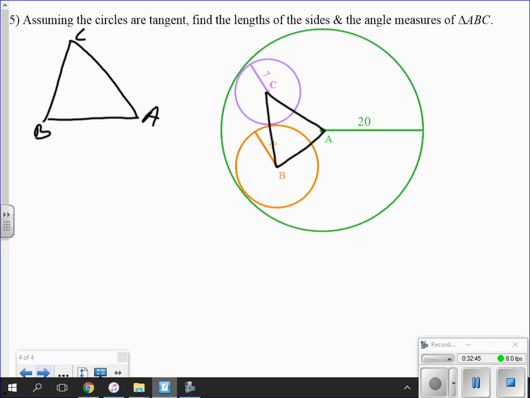Well, side lengths are actually not that hard to do. Side length BC is actually the easiest one. Yeah, it's 15. 8-unit radius, 7-unit radius, 7 plus 8 is 15. Right, 7 plus 8, that's an easy one.